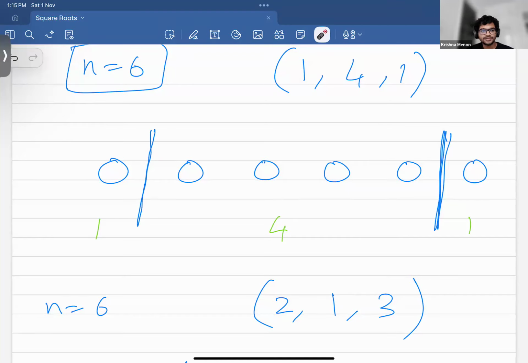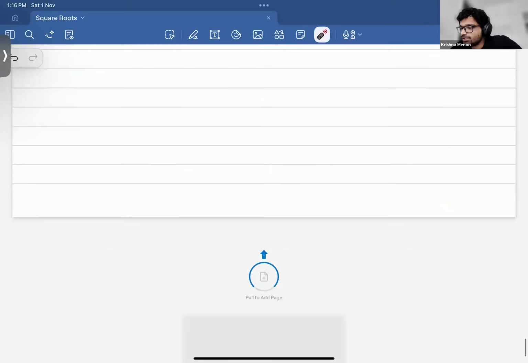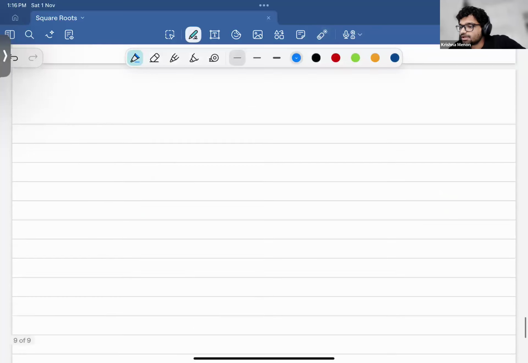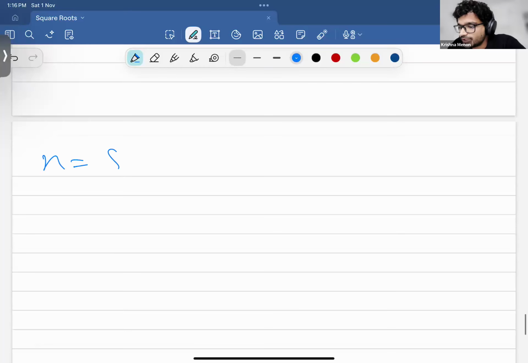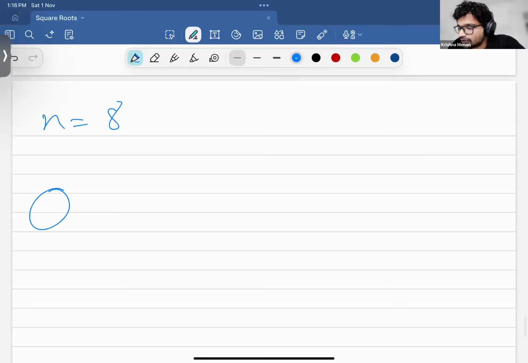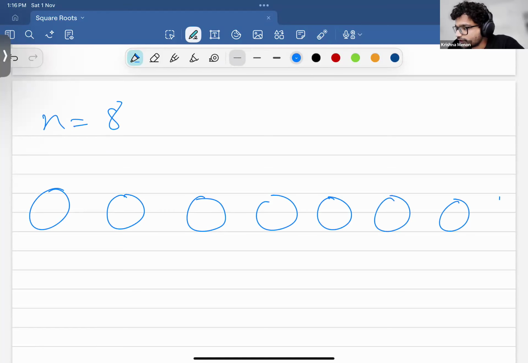So is there anyone who disagrees with this or does not understand this answer? As a particular example, let's say n is equal to 8. So we have 8 balls, 1, 2, 3, 4, 5, 6, 7, 8. I maybe drew the balls too big.